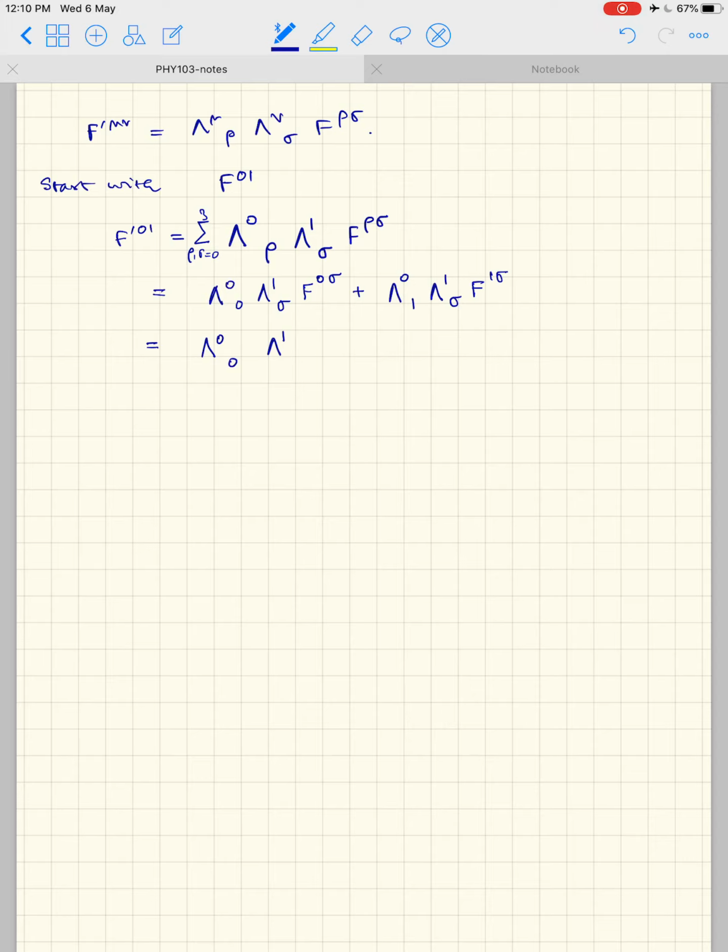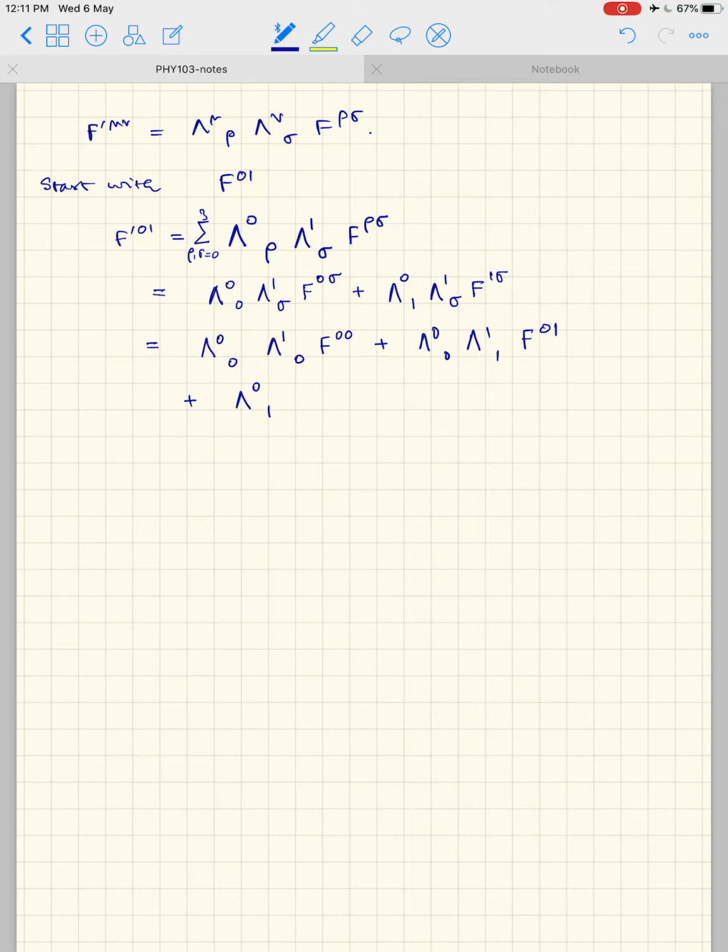Let's say sigma is 0, so this is lambda 0,0 f0,0, plus, now you want to put sigma equal to 1, so lambda 1,1 f0,1, plus lambda 0,1. Now if you want to put 1,2 and 1,3, lambda 1,2 and lambda 1,3 are both 0 because these are the cross terms which are not there. So we drop those two terms off.